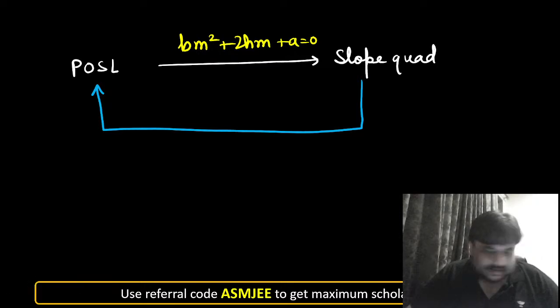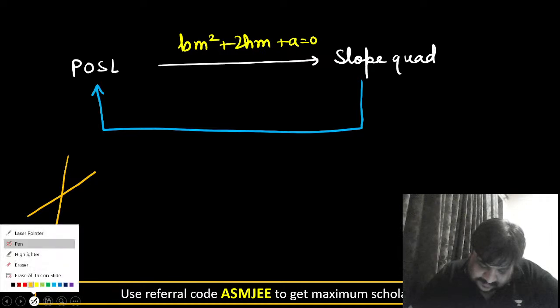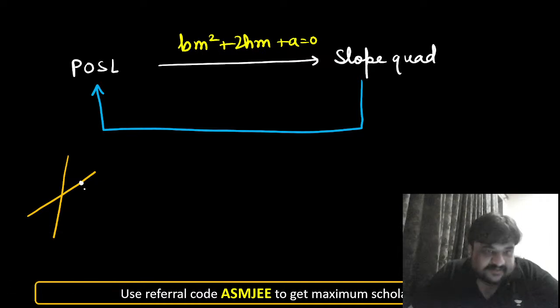Let me tell you. See, you already have quadratic in slopes, right? So this is, let's say, m1. So you want locus of this point x comma y, and this point is, let's say, alpha comma beta.